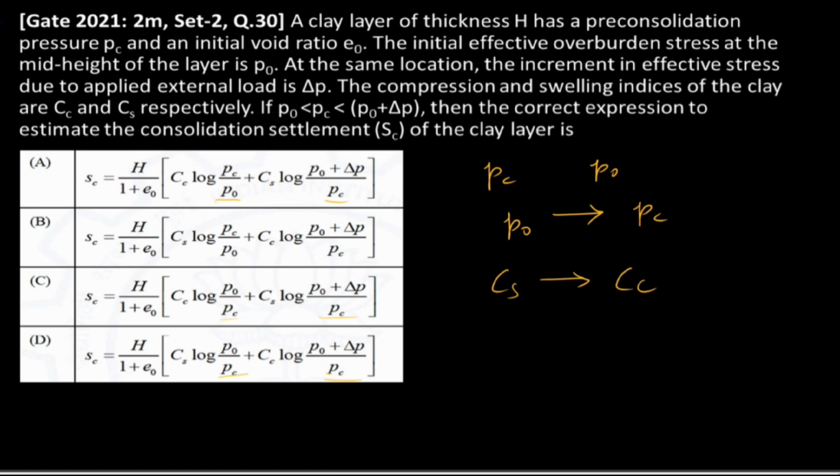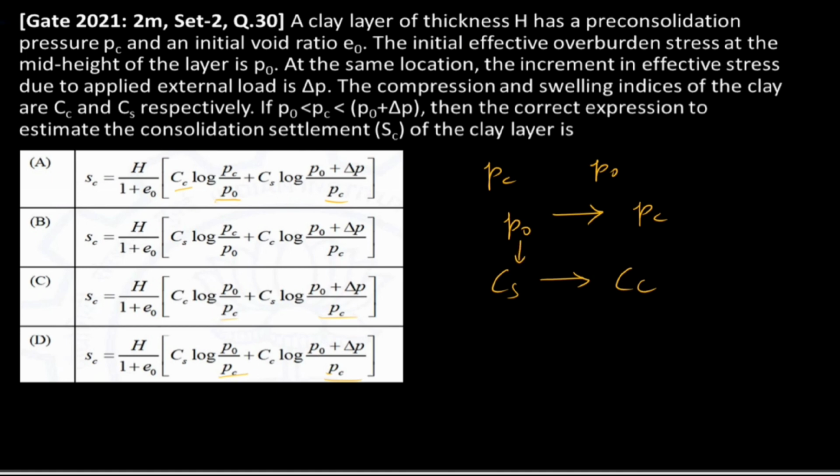But if you see in option A, at initial effective stress, they have given the index as Cc. So at initial effective overburden pressure, the index is Cs.